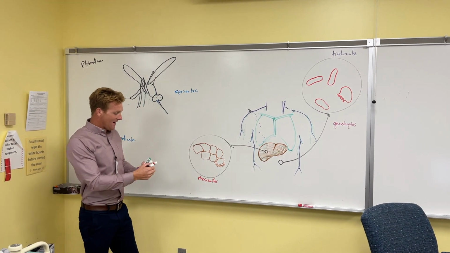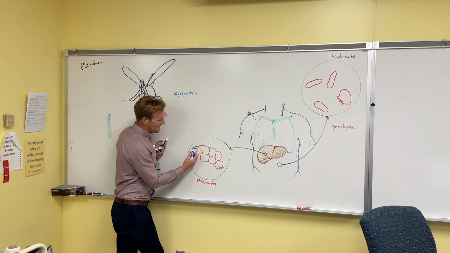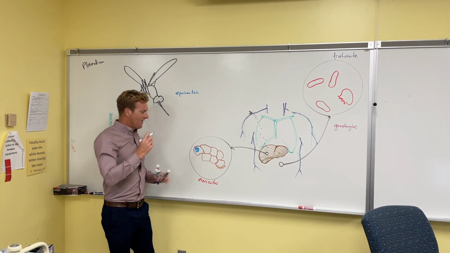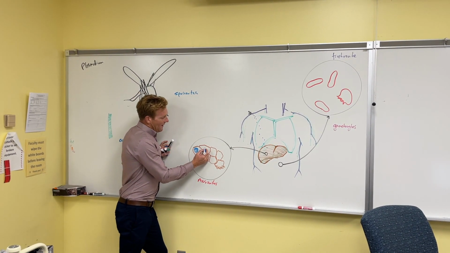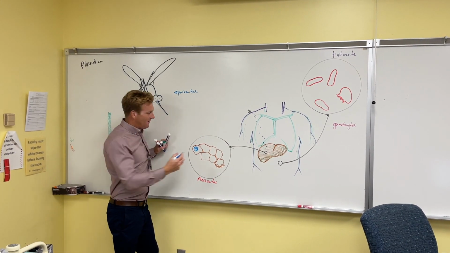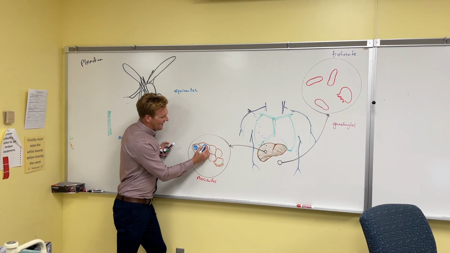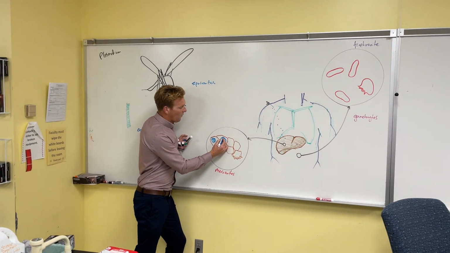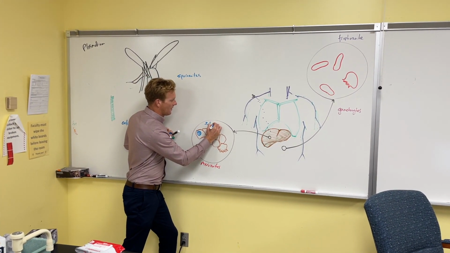Once they invade the liver, you'll get a sporozoite cell that invades the liver like this. After it invades the liver, it undergoes a really interesting process called schizogony, where instead of undergoing regular cell division where one cell turns into two, you'll have a cell that divides and produces lots of different nuclei inside of a single cell, like 20 different nuclei.